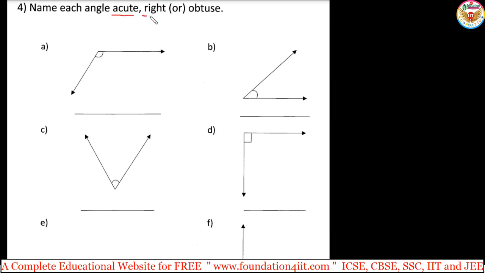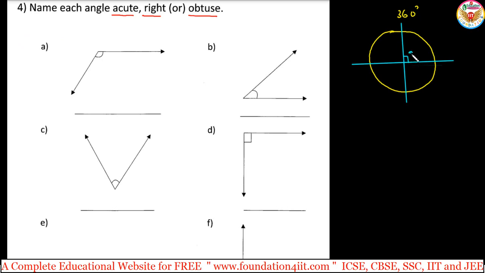Acute, right, and obtuse. We know a complete circle is 360 degrees. If you divide it into four parts, this is 90 degrees. If this line is exactly perpendicular, this is 90 degrees, which is a right angle.